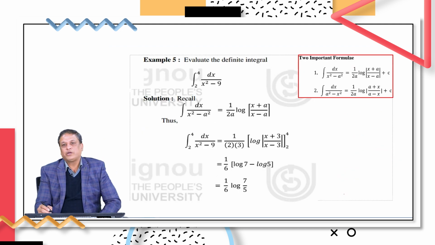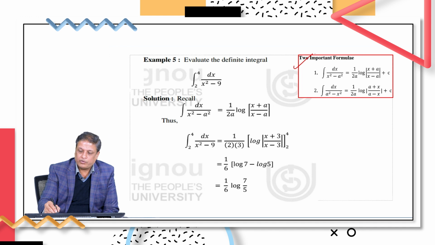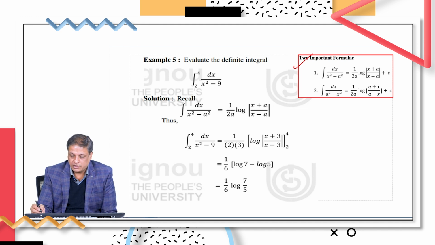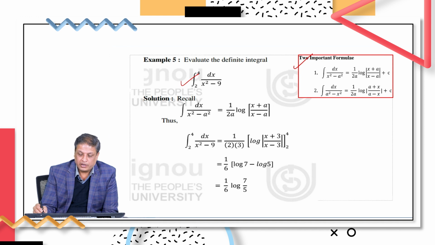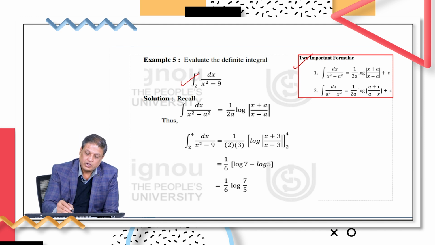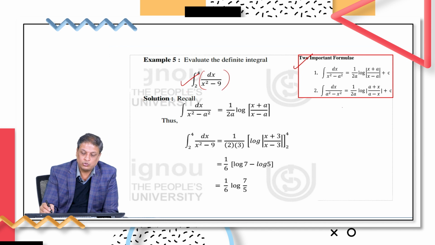Now we are going to apply the important formulas which we learned in our earlier session, that the integral of dx upon x square minus a square is equal to 1 over 2a log of x plus a upon x minus a plus c. Now the given integral is from the range 2 to 4, and we are supposed to integrate the function dx upon x square minus 9. Now this can be written as 3 square, so that means a is equal to 3.